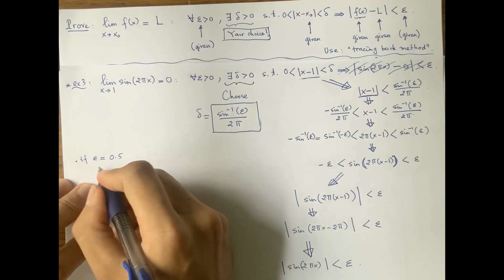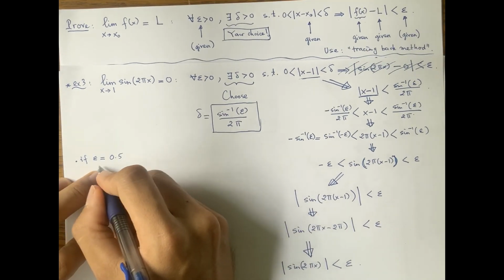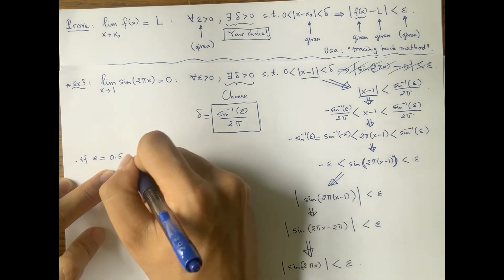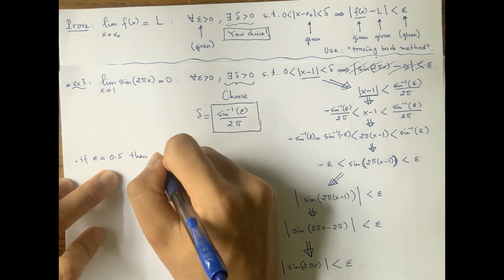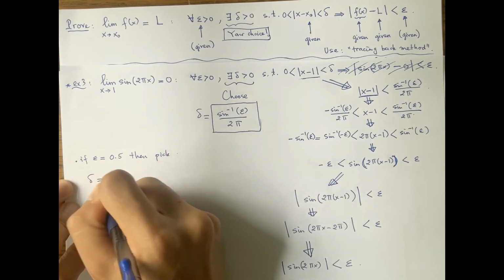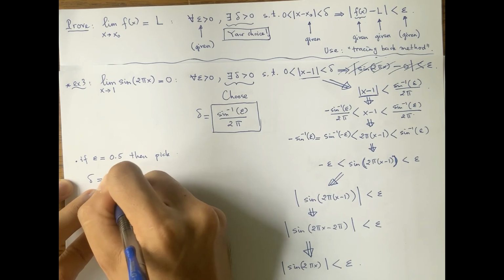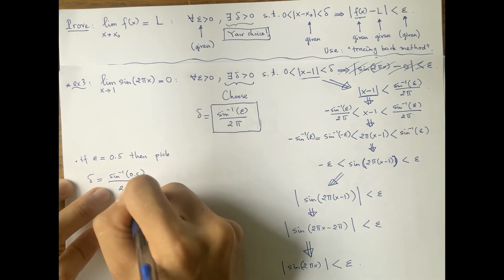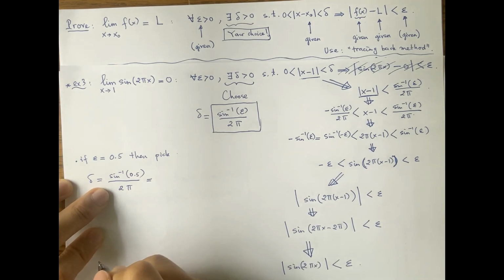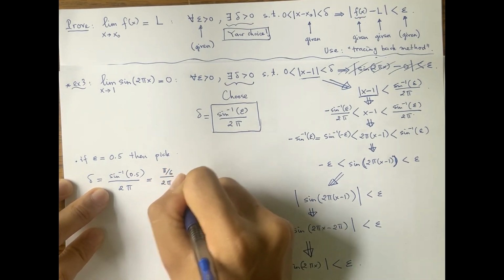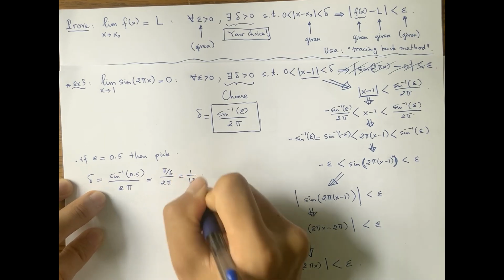So suppose that you are given epsilon to be 0.5, which delta are you going to choose? Then we just need to pick delta to be the sin inverse of 0.5 over 2 pi, which in this case is pi over 6 over 2 pi, which is 1 over 12.